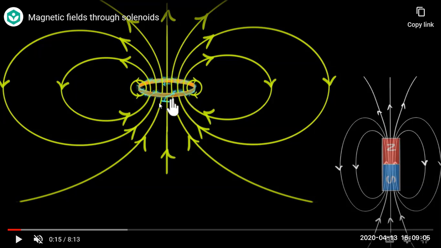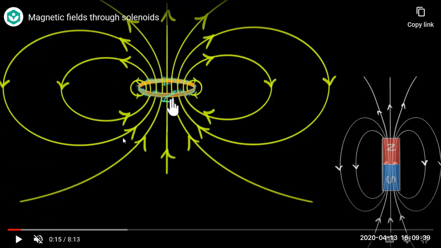You can see this tiny blue arrow, which is showing the direction of the current. So when I hold the grip rule pattern, you can see that the thumb shows the direction of the magnetic field, which is in the upward direction. You can see the magnetic field lines moving up, and at the corners you can see the circular pattern, and at the center you can see the straight pattern.